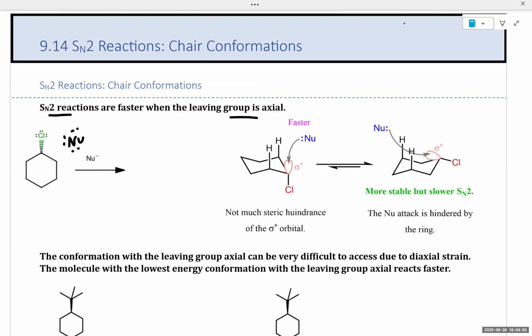So if you have a nucleophile and it attacks and displaces your leaving group, this displacement reaction, even though we draw it with pen and paper with just a set of arrows, when we consider that we're dealing with a cyclohexane, the two conformations of cyclohexane will have different rates of SN2 reaction. And SN2 reactions are faster in the conformation where the leaving group is axial.